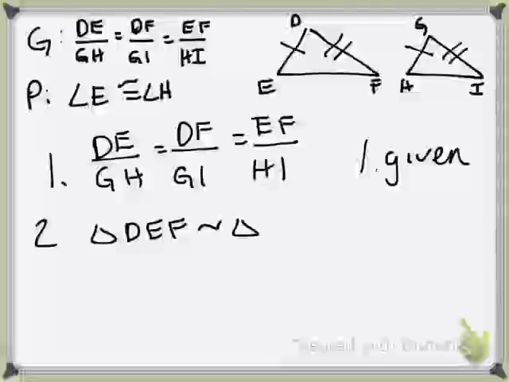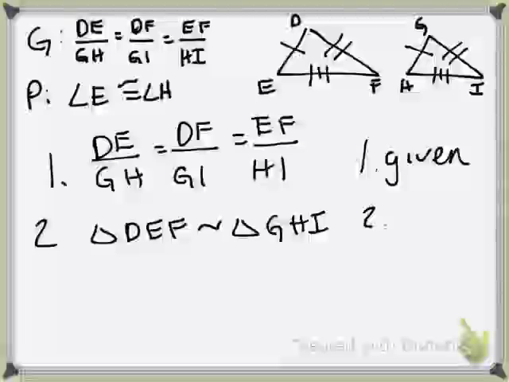DF matches with GI, and EF matches with HI. So it looks like they arranged these pictures nicely, and what looks like it's supposed to match does match. So DEF should match with GHI. Okay, they didn't rotate or flip or do anything weird with the triangles. They just let them both sit the way they wanted to.